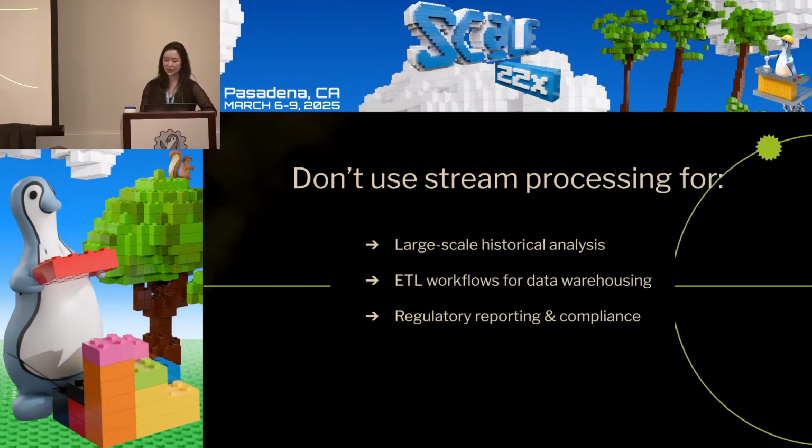Another one would be ETL workflows for data warehousing. A lot of organizations just use batch pipelines to manage that data for offline analytics, and it works perfectly fine. There's not really a reason to change over to a new method. And the last one that I have is going to be regulatory reporting and compliance. Some industries have strict compliance requirements, and you're not going to need real-time processing for that.